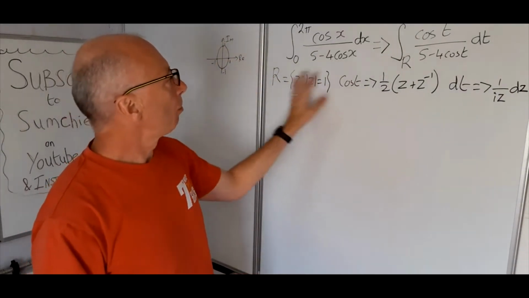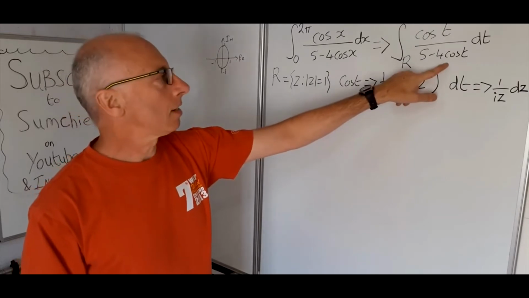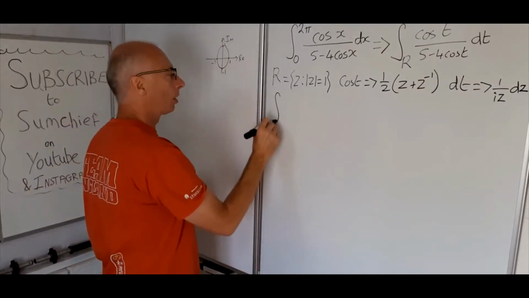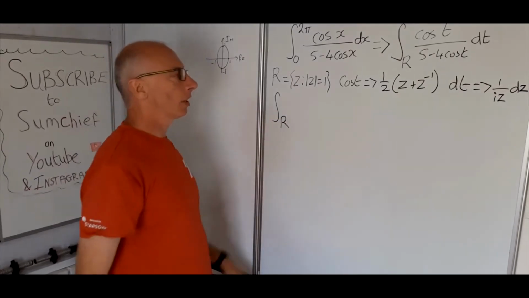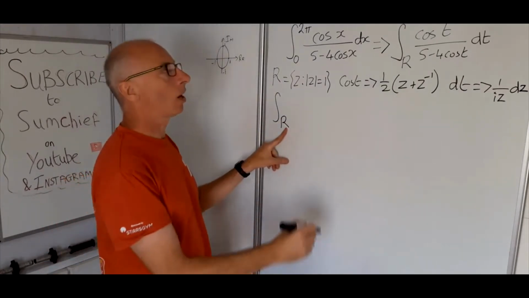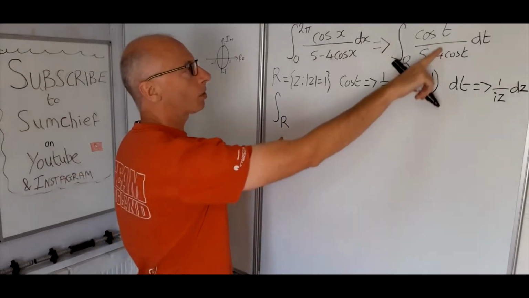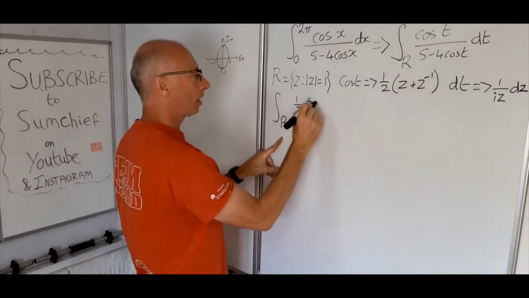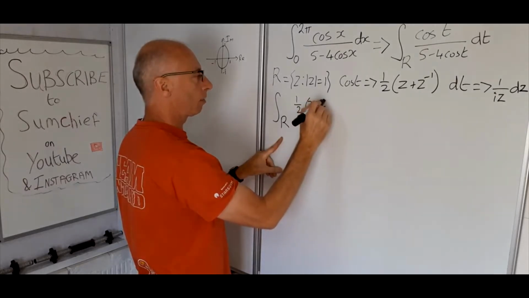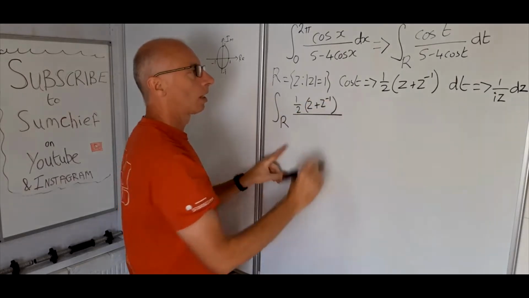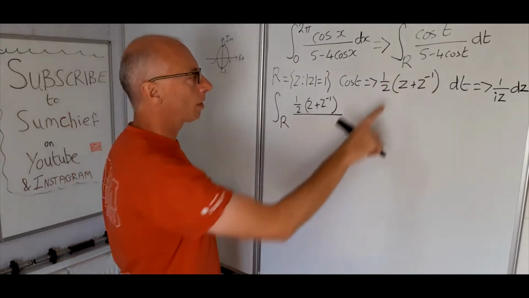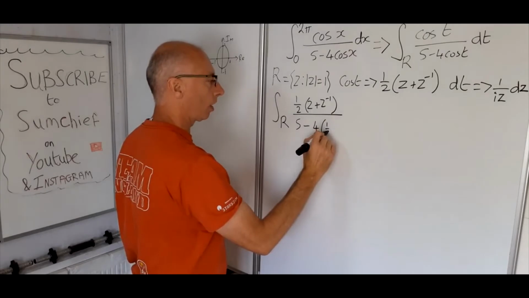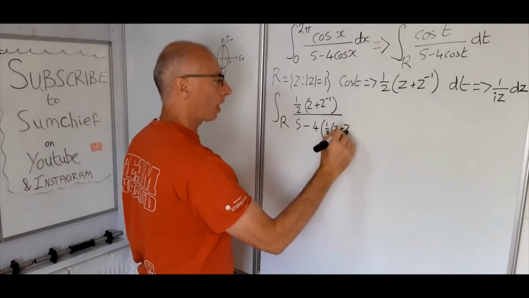That's all the bits put together to translate this into the z world. So now we rewrite the integral over the perimeter of R. We see a cosine t, so we write 1/2 z plus z to the minus 1, and then 5 minus 4 times 1/2 z plus z to the minus 1.